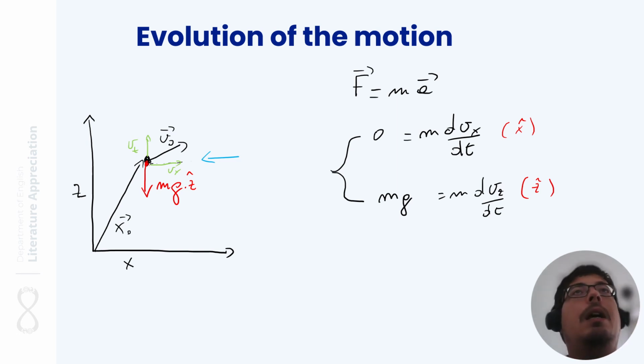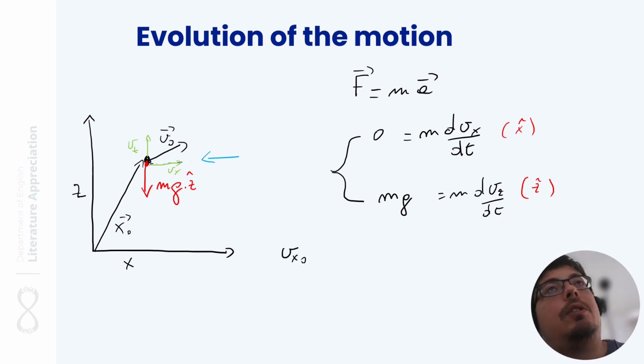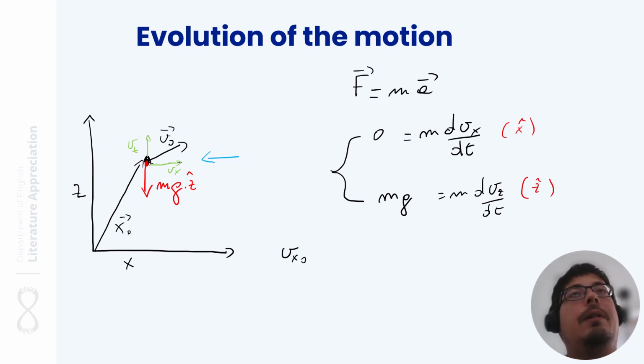Of course, how do we solve these equations of motion? Think about the first one. The derivative of the velocity is 0, meaning that the velocity is constant, the initial velocity Vx0, and it doesn't change during the motion.